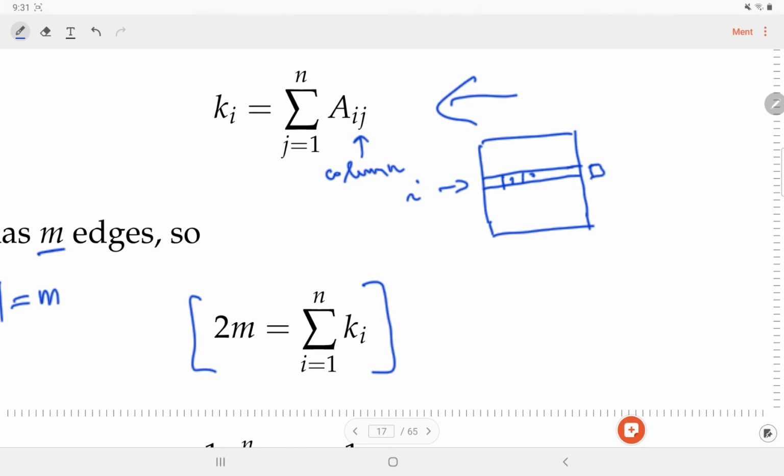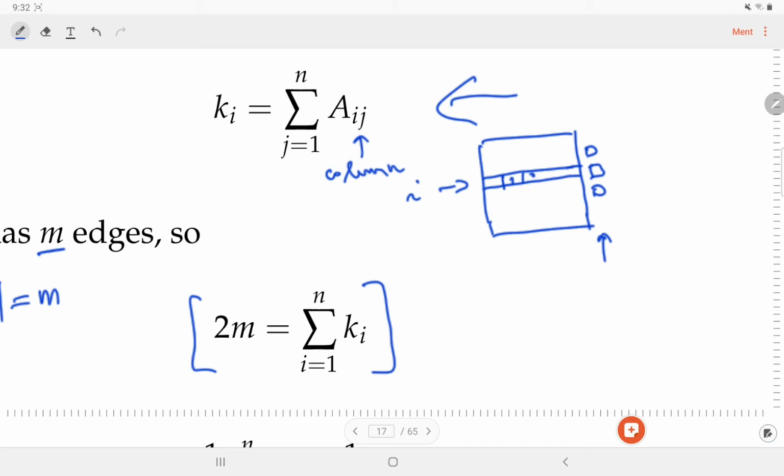Assume that we have now an unweighted graph. Then in this row we also get a number, this row we also get a number, and so on. So basically what we get as the sum of all the rows is a vector which contains the sum of the ones in the corresponding row.